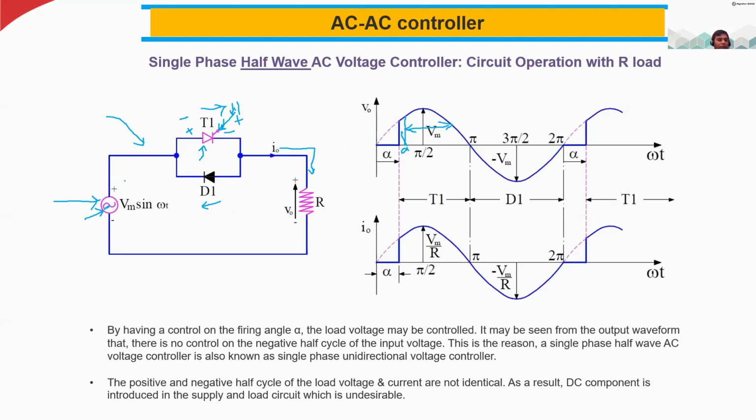For the negative half cycle, this one will not conduct because it will be in the reverse bias or reverse blocking mode, since it will be minus here and plus here. But at the same time, you are applying minus here and plus here, so this diode will be in the forward bias. So the negative half cycle will pass through the load and then come to the source.